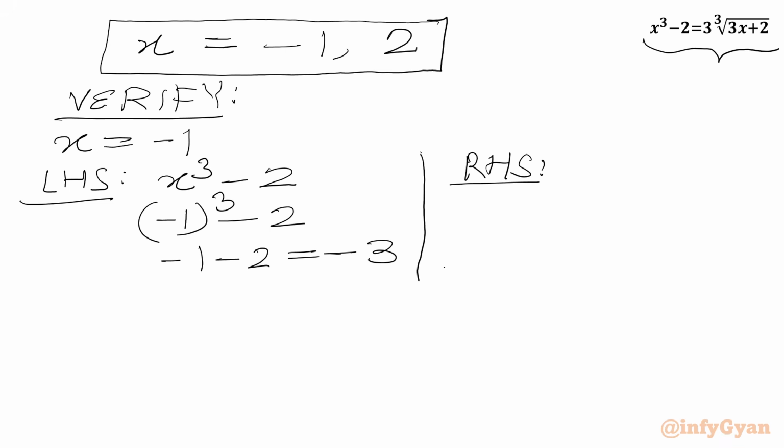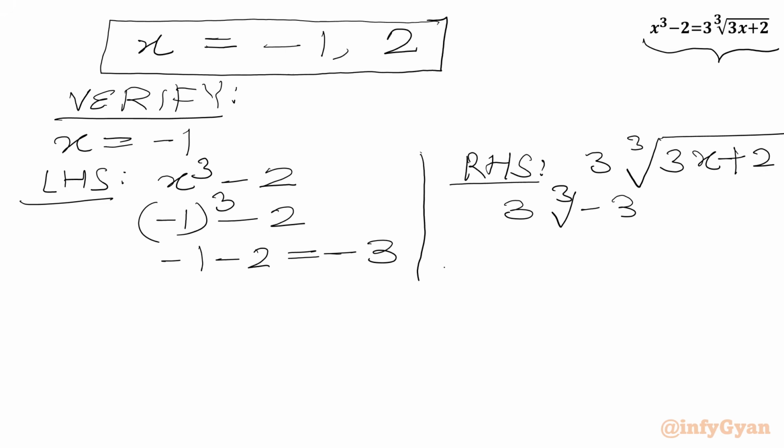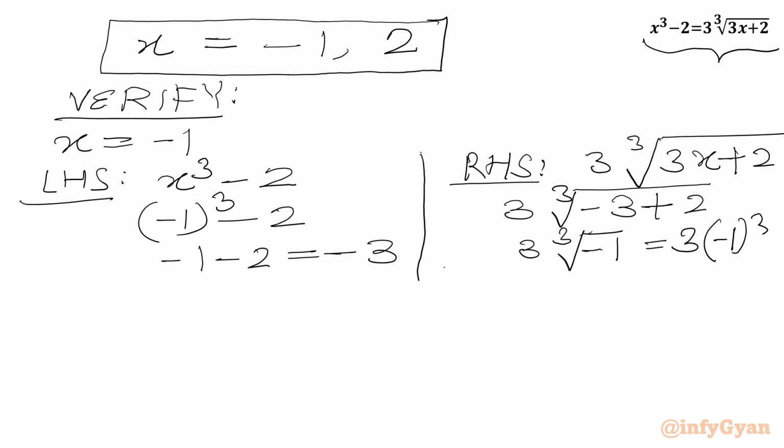Now we will find RHS. RHS is 3 times cube root of 3x plus 2. Now we will plug in x equal to -1. We will get 3 times cube root of -3 plus 2. 3 times -1 is -3. So 3 times cube root of -1, which we can write 3 times -1 whole cube with cube root.